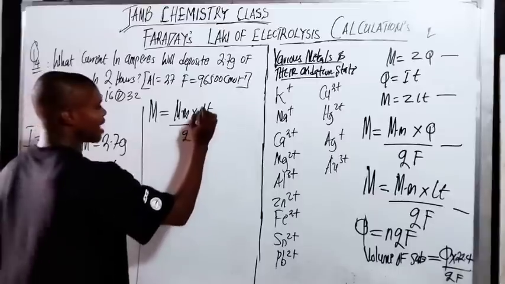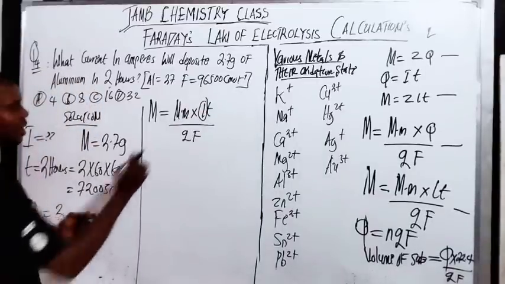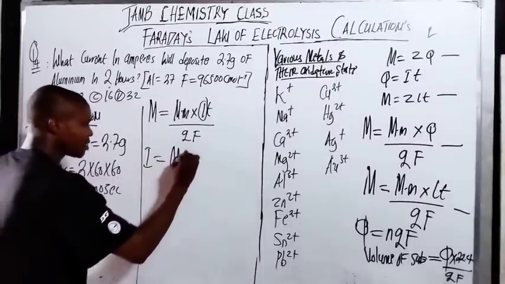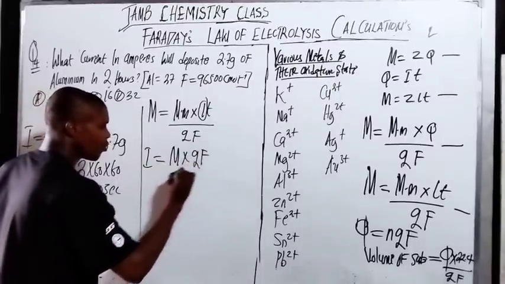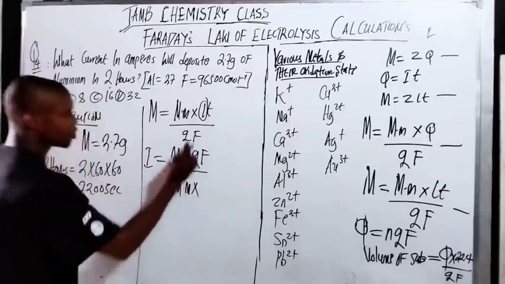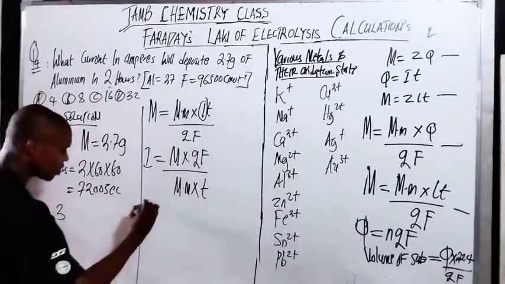Now let's make I the subject of the formula because we are looking for I, right? To make I the subject, we're going to have I equals the mass times Q F over the molar mass times T. Can you see that? So now let's input our values here.